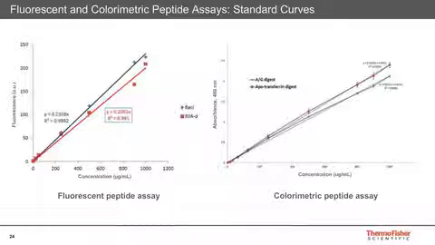As we can see for graphs from both fluorometric and colorimetric peptide assay, we get a very good linear curve up to 1000 microgram per mil of peptide. For the fluorometric assay, we see a nice linear curve when we use a digest of BSA protein or with a 1400 Dalton peptide called bacitracin.